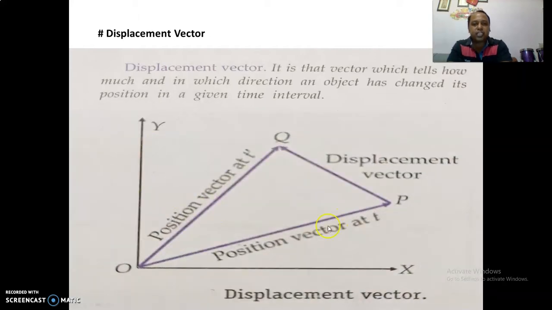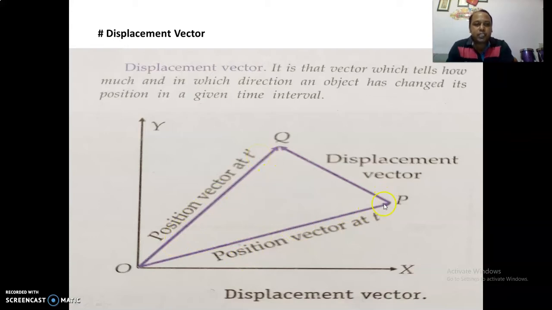Again we take a coordinate system, x-axis and y-axis, and suppose the object is initially present at point P at time t, and at time t dash it reached point Q. So these are the position vector at time t, and this is the position vector at time t dash.